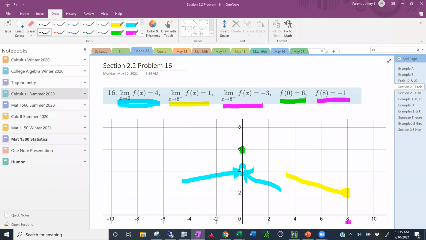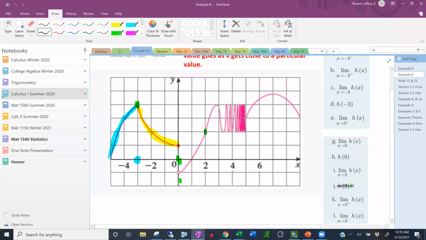Now let's see, maybe I want to go back up to this example right here. So for example B, at x equal -3, right up here, notice there's a hole in the graph. Likewise, there's a hole in the graph here. That hole means the function's not defined at that point.